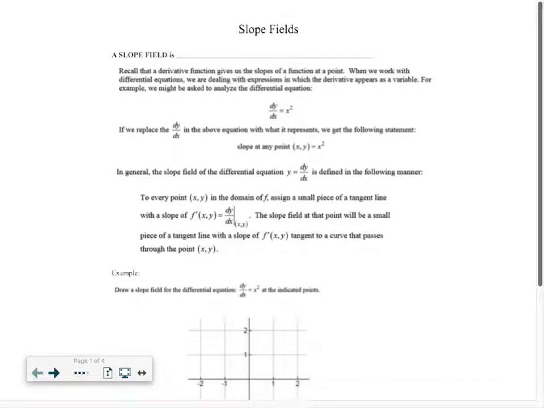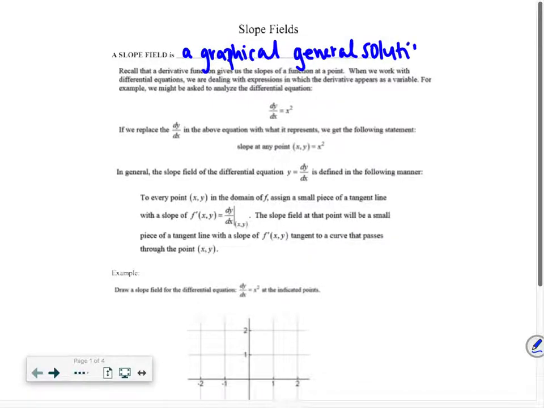Okay, so a slope field, we're going to describe because we know what a differential equation is. A slope field is a graphical general solution to a differential equation. Okay?